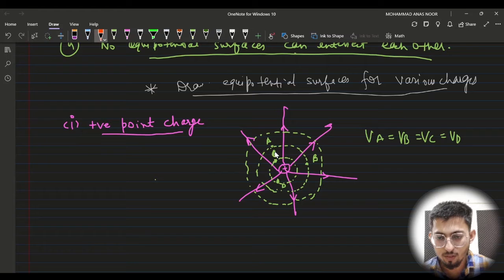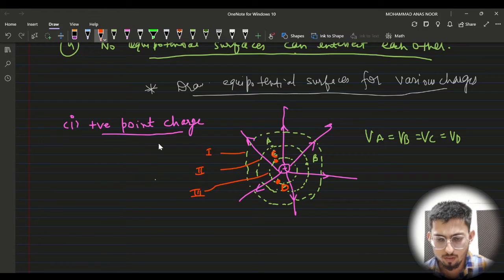This is C, and the one on the same circle is D. Yes, it will be. You are absolutely wrong. What have you studied then? What do you mean I'm wrong? First, each one of them is an equipotential surface.